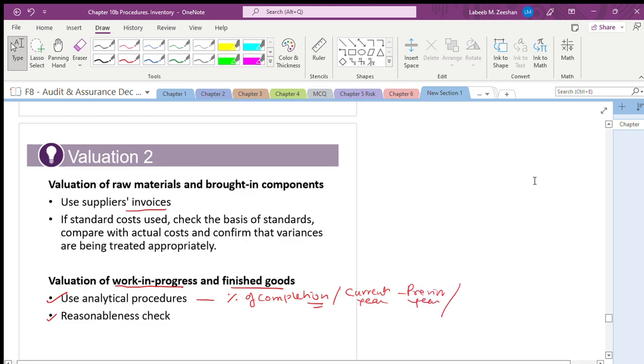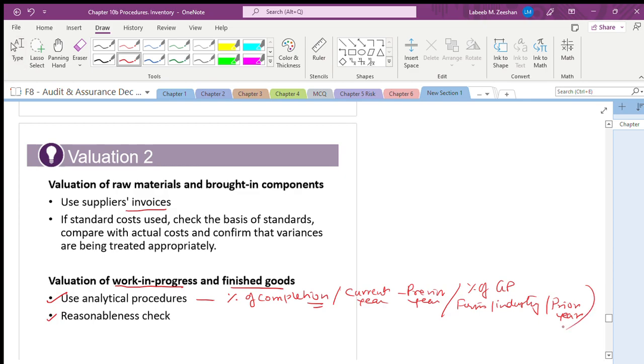Analytical procedures will compare percentage of gross profit. We'll compare with the firm, with the industry, and with the prior year. Our purpose is only to remember this.